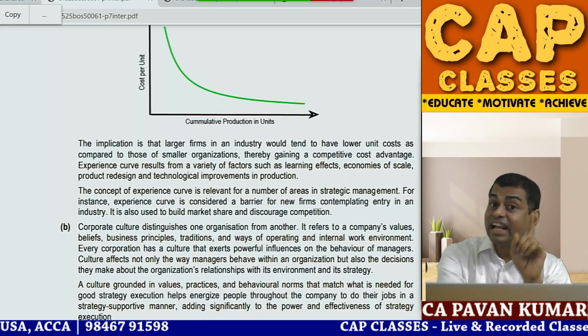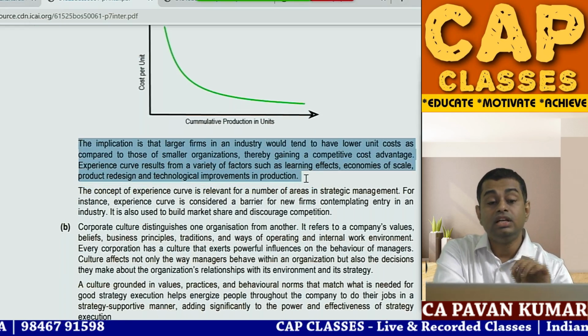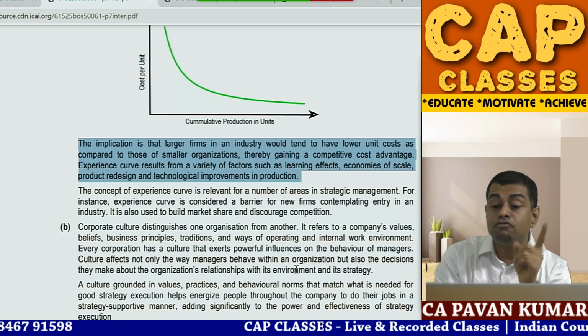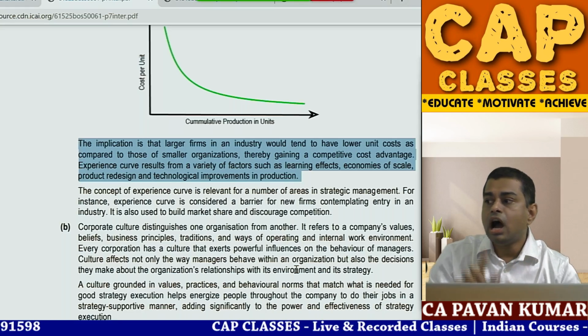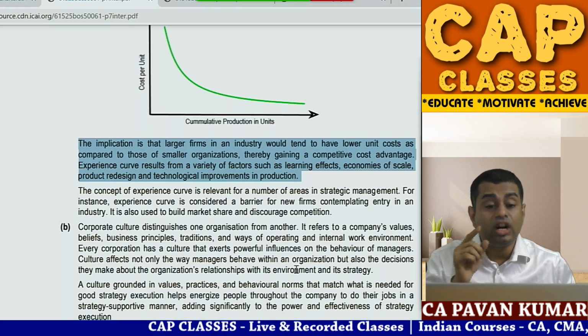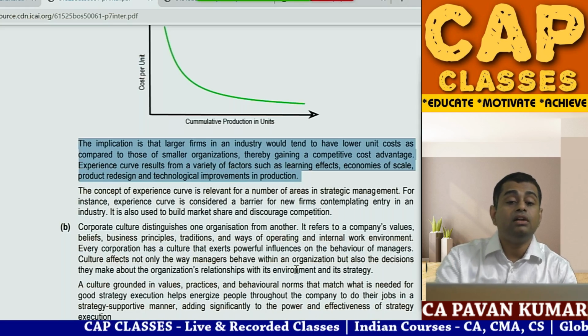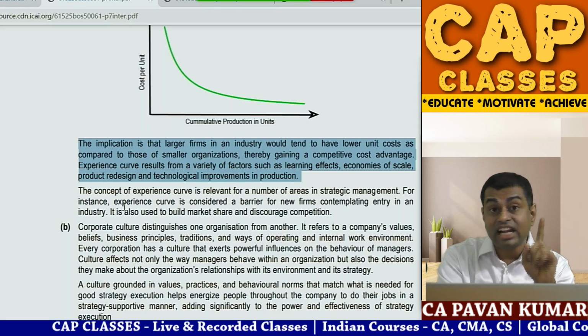Now, the second para is very interesting. They asked what is experience curve and how it is relevant in strategic management. So, they have written a second para, very interesting.